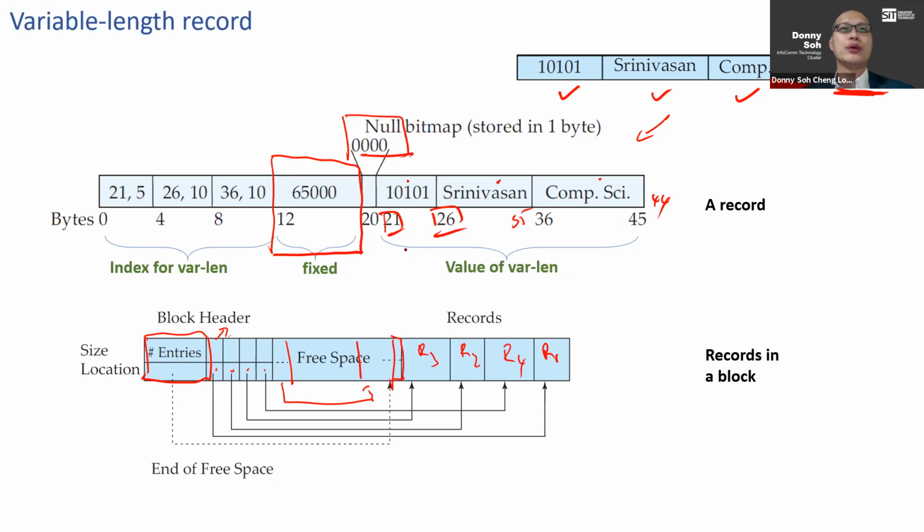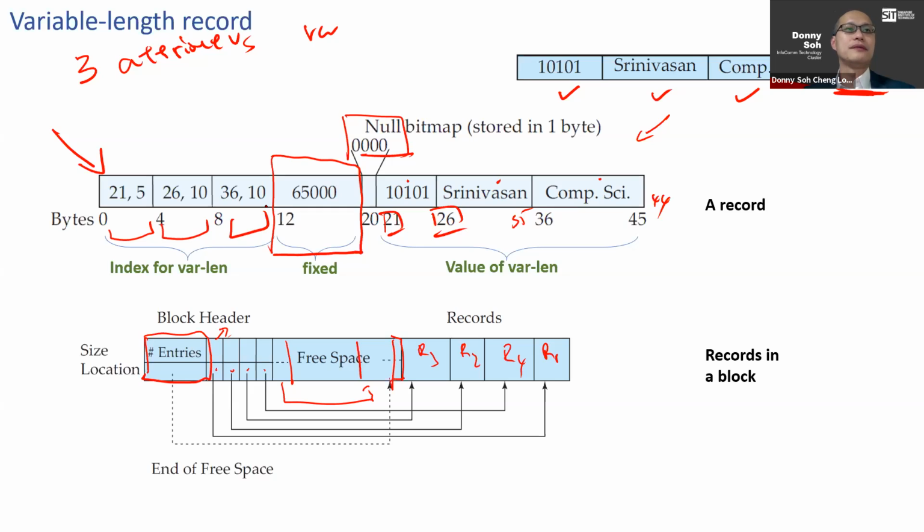So what we will do is store these indexes at the beginning of my record. For example, if we have three attributes that are variable, we will have three indexes here.